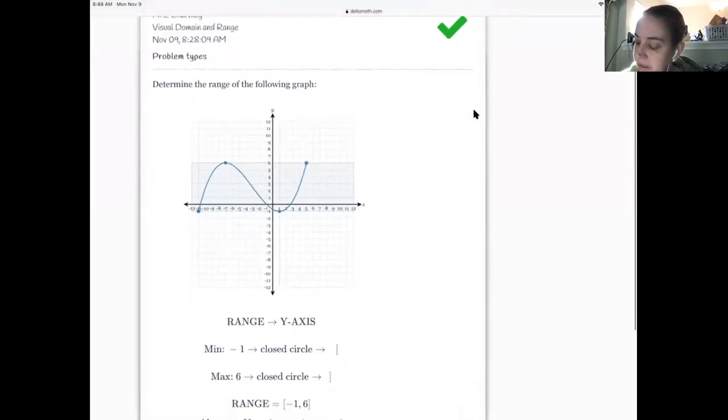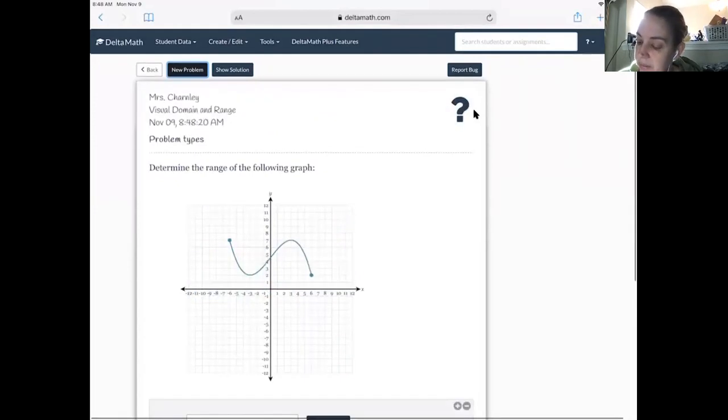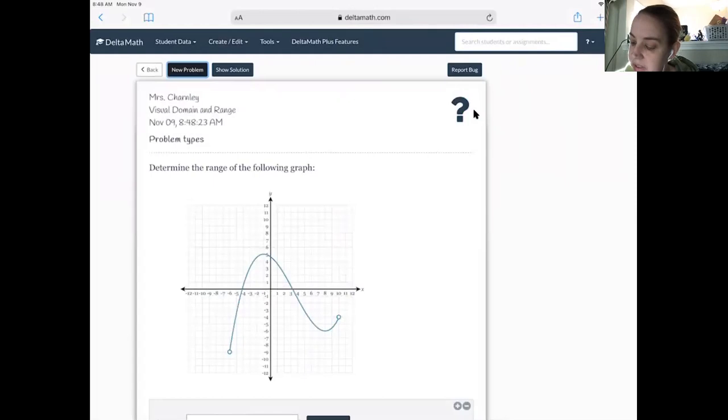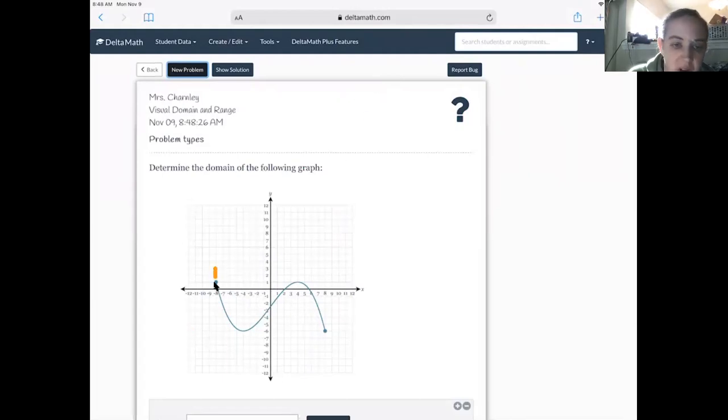Good. Now, if I do a new problem, determine the range of the following graph. We just did that. Determine the range, we just did. Range, domain, that's what I want, domain. So domain, as a reminder, is your x values. So we're going to start all the way over here, and we're going to end all the way over here.